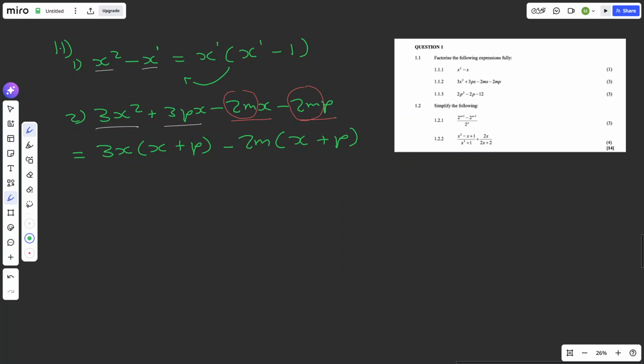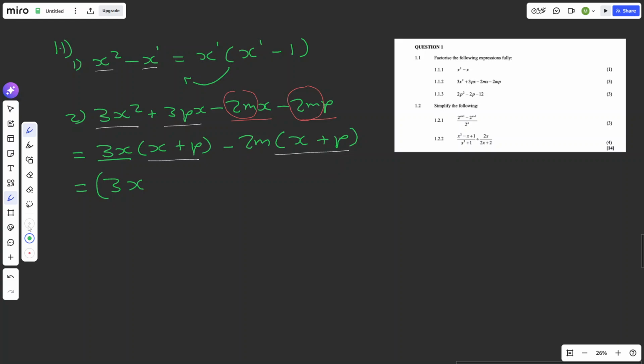What you'll notice here is that we've got another situation here where there's a common factor, okay, or common term, which is x plus p. Now we can remove that, okay, and separate it from each of these terms here. So what we'll have here is 3x, okay, because we're removing this x plus p.